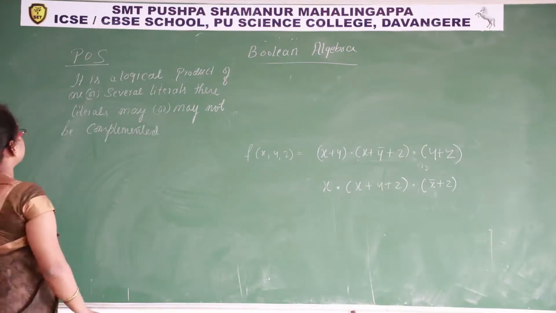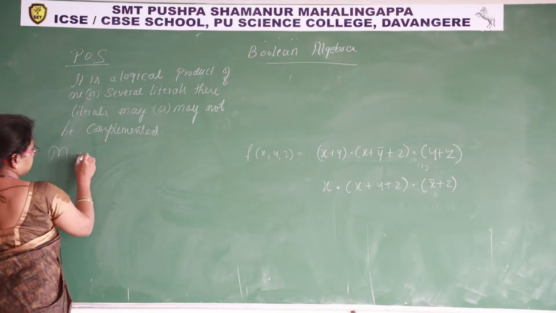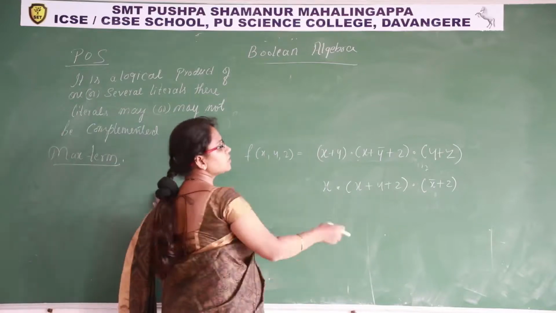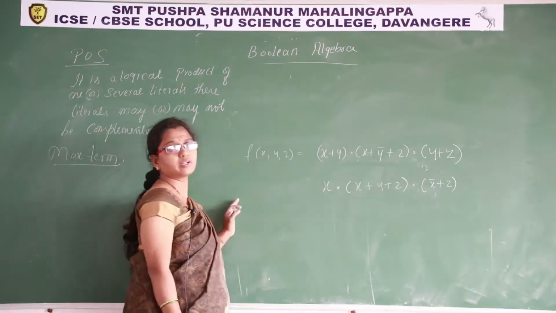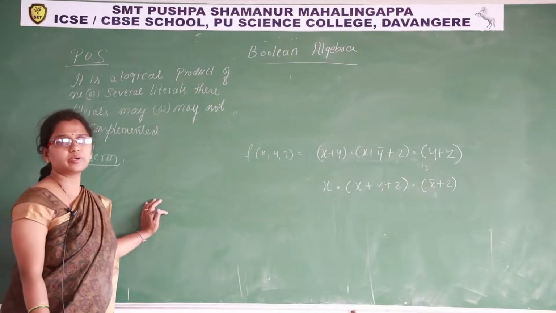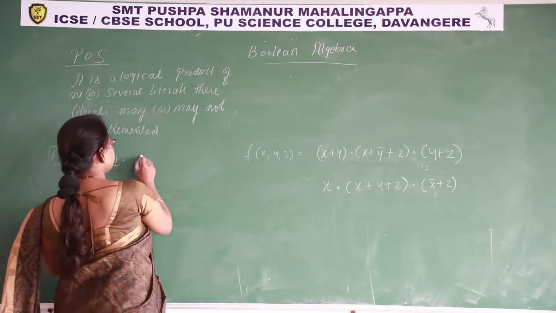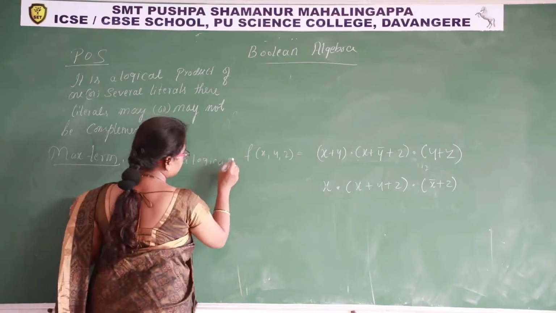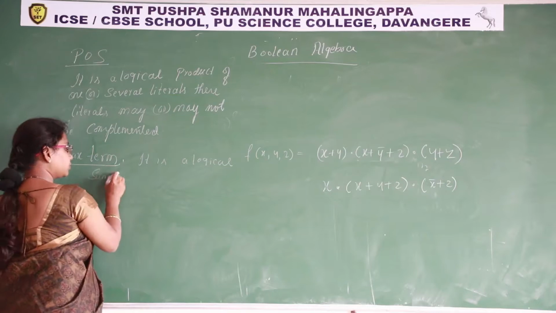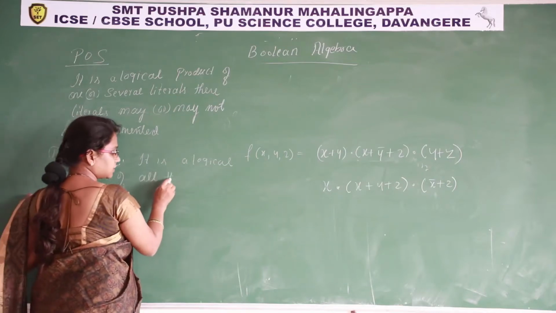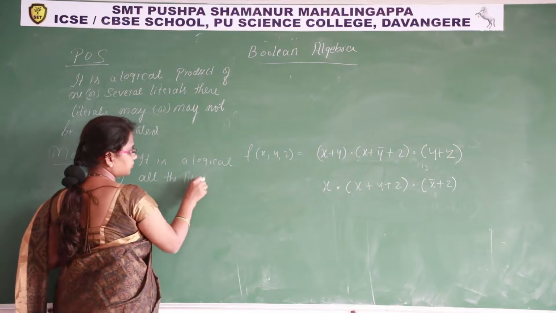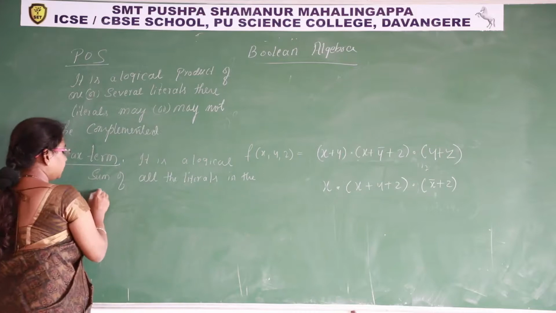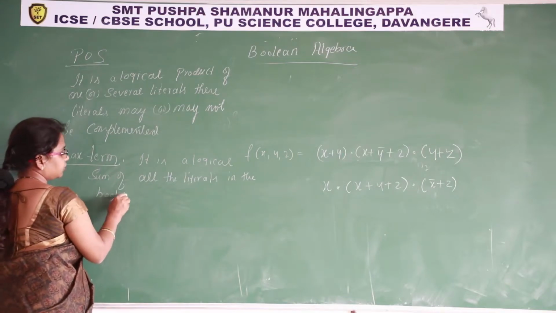Now what is a max term? It's very important. It's a logical sum of one or several variables, and each variable may or may not be complemented. It is a logical sum of all the literals in the Boolean function.